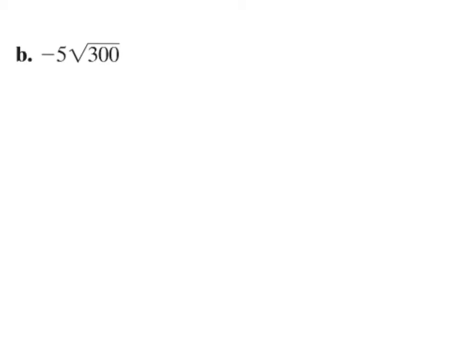In our next example, we have negative 5 square root of 300. So we now have to deal with something where there's a coefficient outside. However, simplifying the radical is the exact same. If I were to find the largest perfect square that divides into 300, it will be 100. So it would become negative 5 square root of 100 times 3.